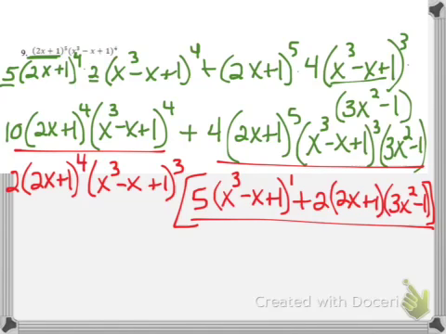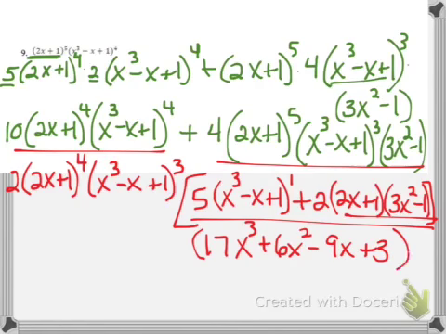Distribute the 5. FOIL, distribute the 2. Okay, and you should be able to simplify this to 17x cubed plus 6x squared minus 9x plus 3. And then I'd have all of this in front, and that would be my final answer.